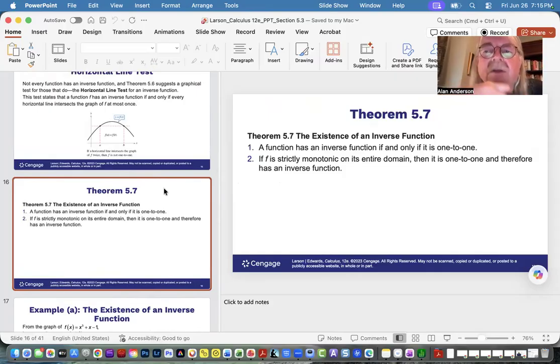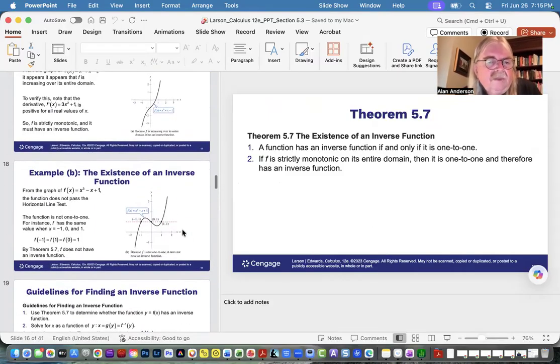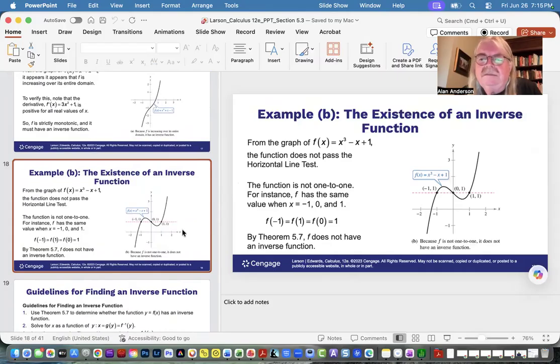If it is monotonic, which means it goes up forever or down forever, then it must pass the horizontal line test. It is therefore one to one, and it must have an inverse. This one, no. You can see just by looking at it, it does not pass the horizontal line test. Therefore, it is not one to one, and it does not have an inverse.